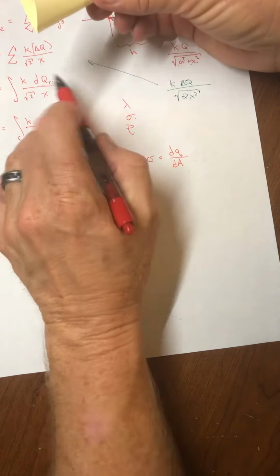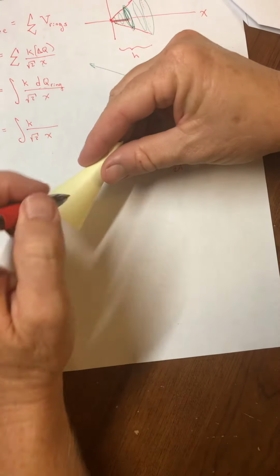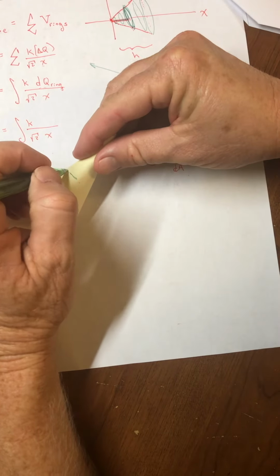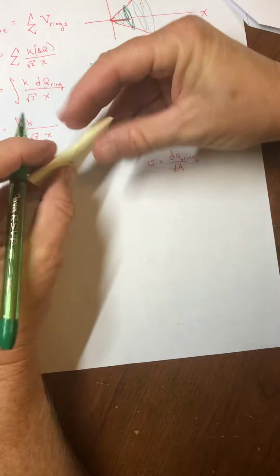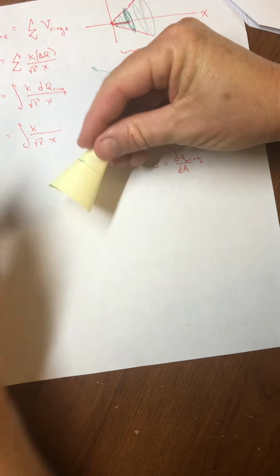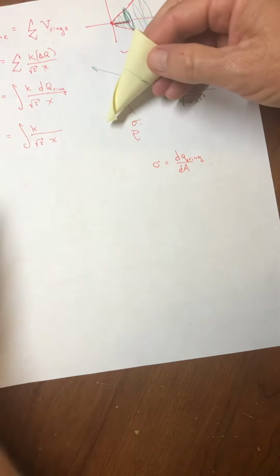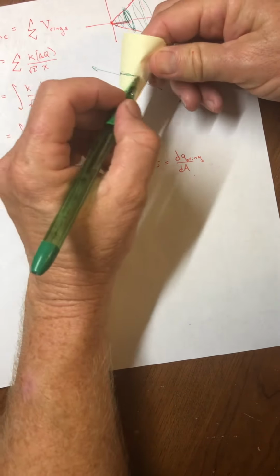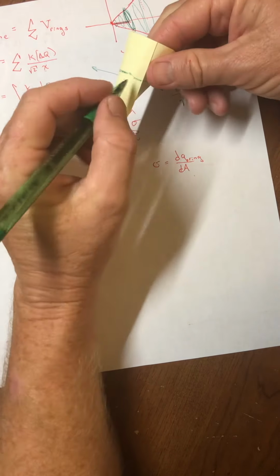So in my case, since I'm talking about a ring, I would like this to be the charge on a ring. So if I draw this green ring here, so looking at it right here, here's my green ring, and I ask myself then, I want to get the charge on this green ring, okay.